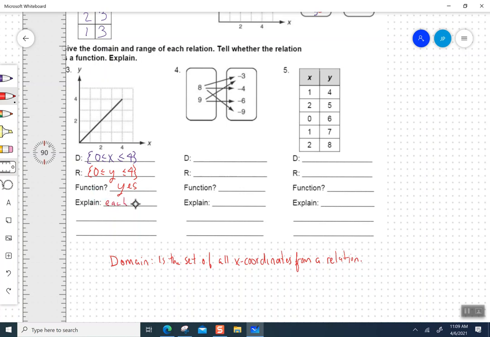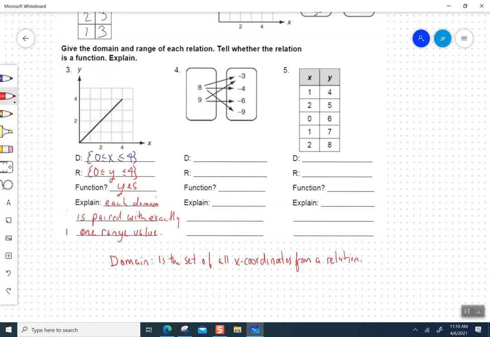So each domain, and again, domain being all the x's, is paired with exactly one range value. Okay, that's the reason it is a function.